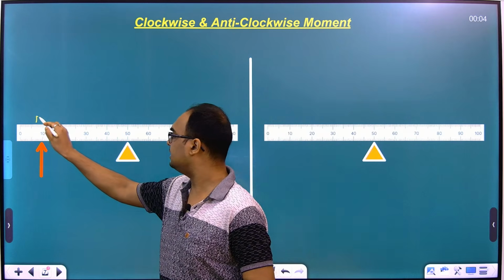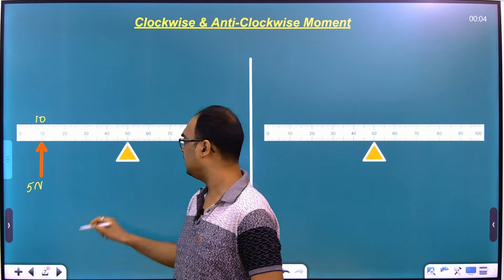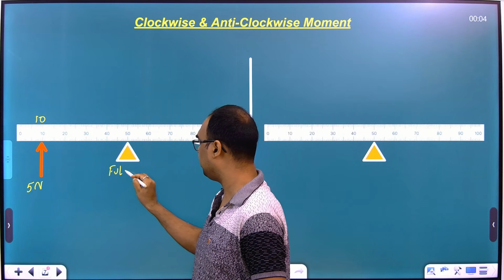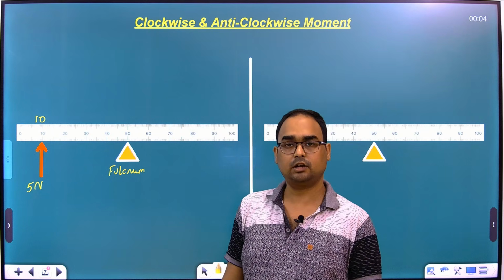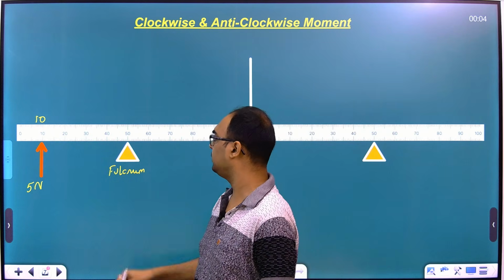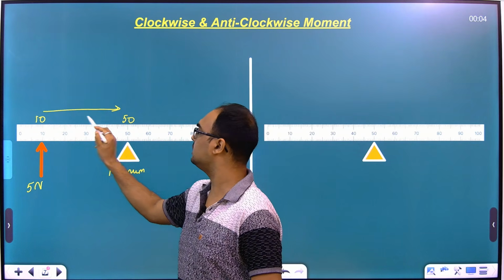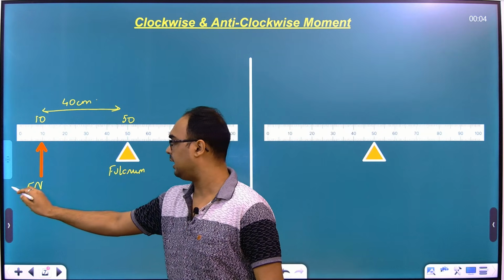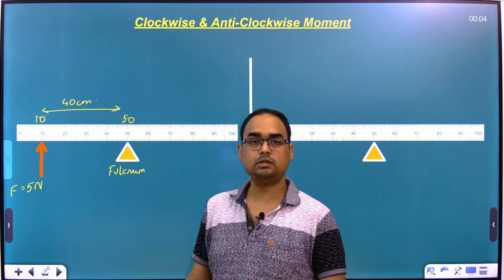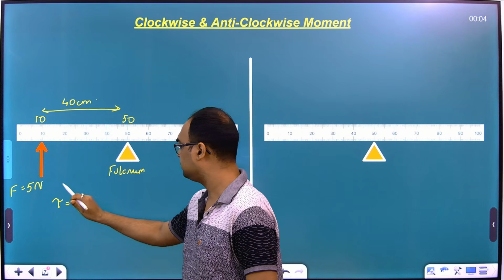So at the 10 centimeter mark, you are applying a force of, let's say, 5 Newton. This is the fulcrum or the pivot point, that's at the 50 centimeter mark. So the distance between them is 40 centimeter and the force applied is 5 Newton. So what will be the torque or moment of force?